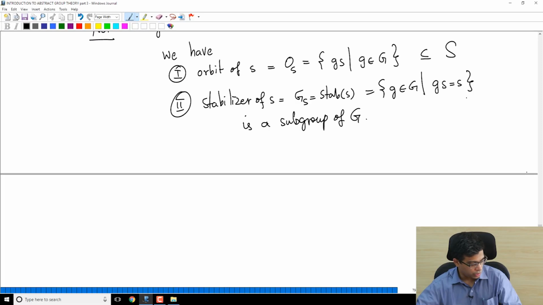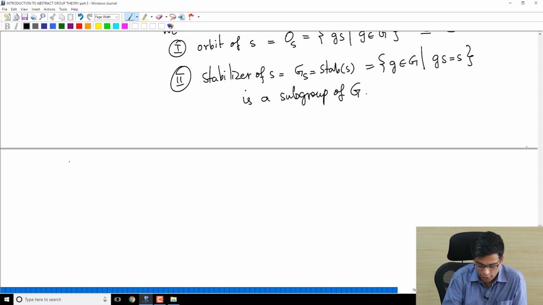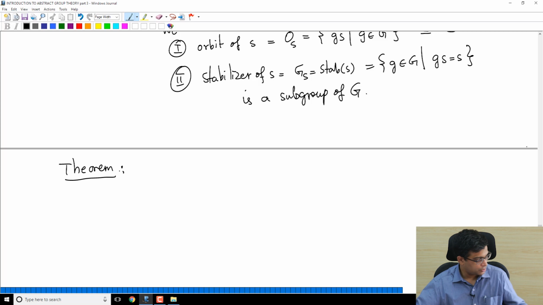So let us now come to how these two are related, and this is an important theorem. Let us say G is a group.